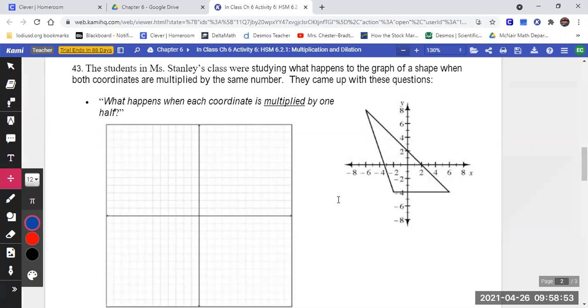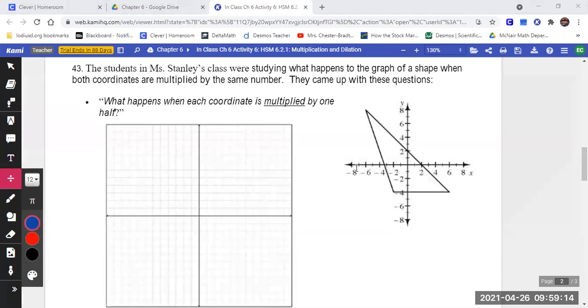What's the shape Miss Stanley's class is looking at? We were looking at trapezoid. Is that a trapezoid? Really? Look at the shape on there. A triangle. Oh my goodness.